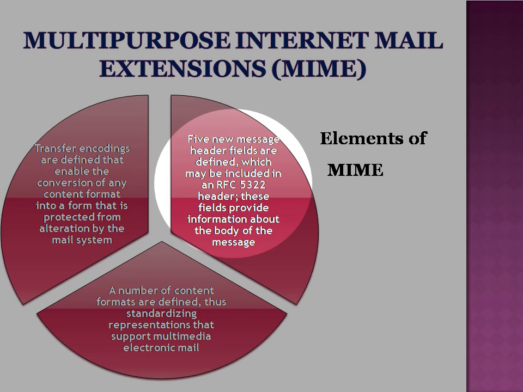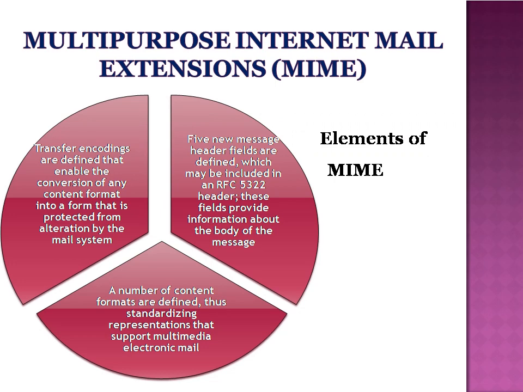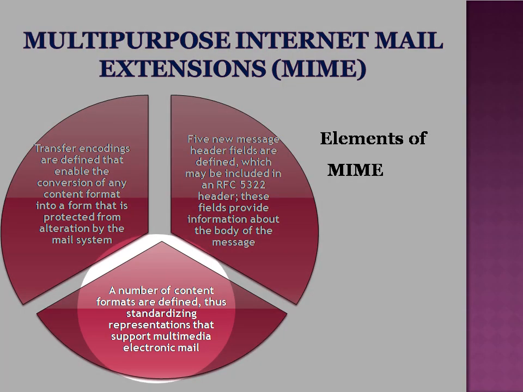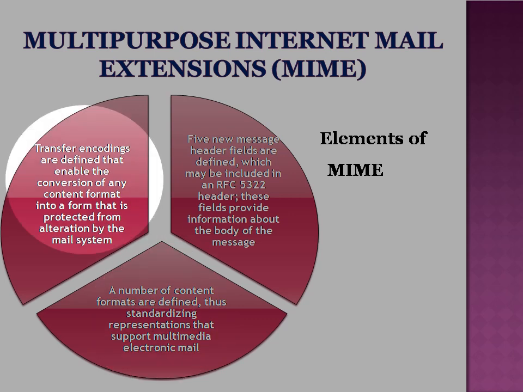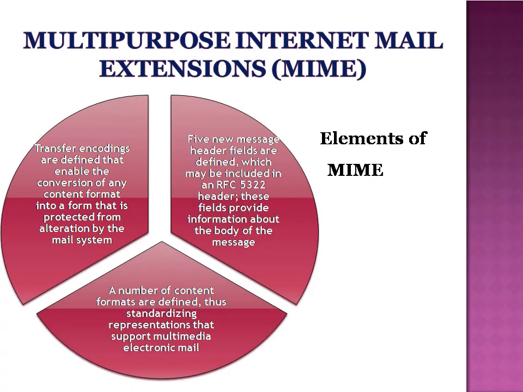These fields provide information about the body of the message. Then the next element is that a number of content formats are defined, thus standardizing representations that support multimedia electronic mail. And finally, transfer encodings are defined that enable the conversion of any content format into a form that is protected from alteration by the mail system, thereby providing confidentiality and authentication. So this was about the elements of MIME.